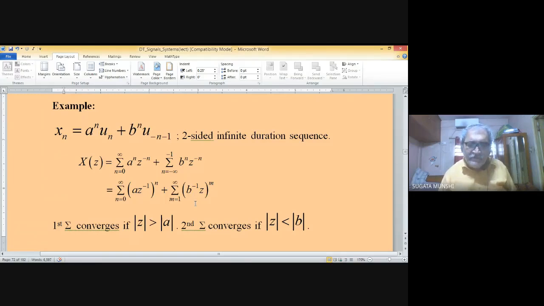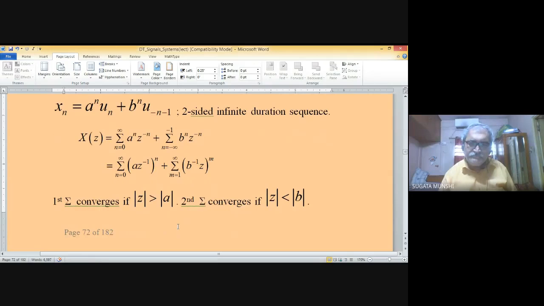Therefore, the common area of convergence will be the region where these two circles overlap. There may be cases where the circles will not overlap. In such a situation, the Z transform of x[n] will not exist.